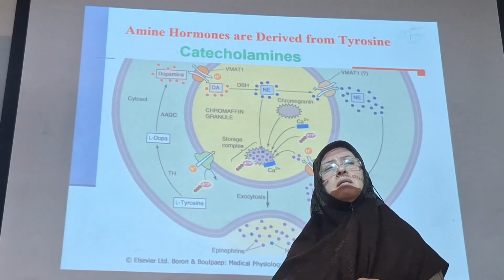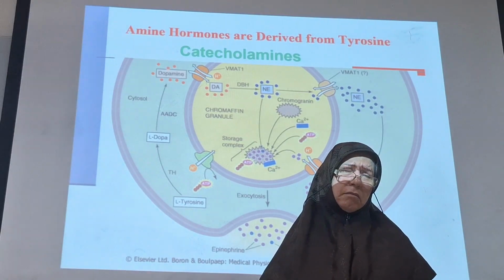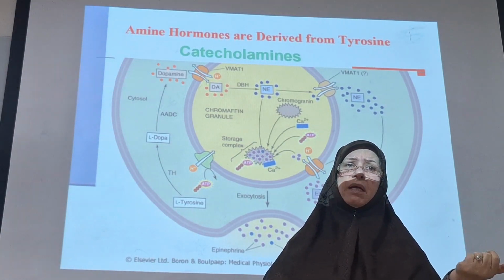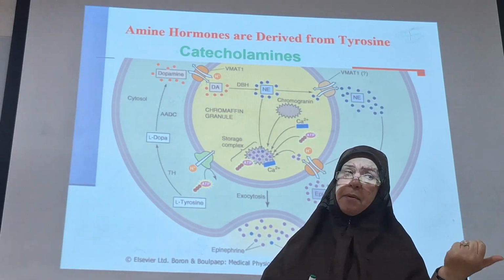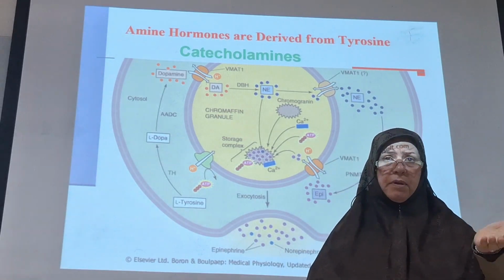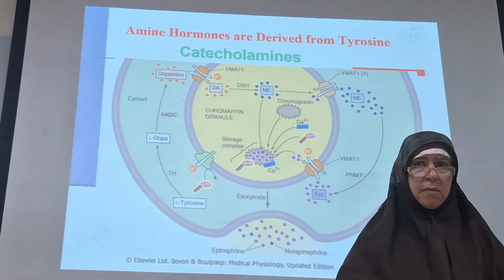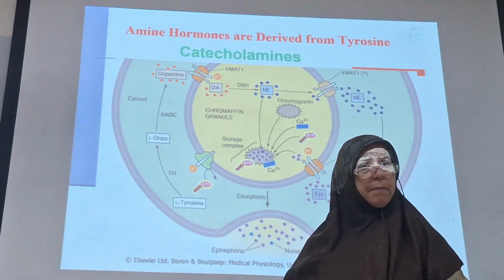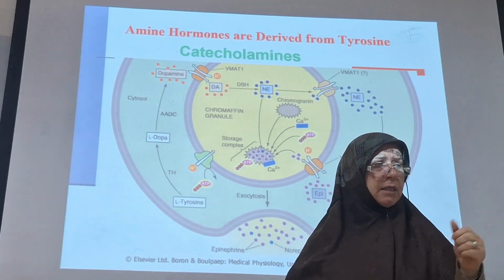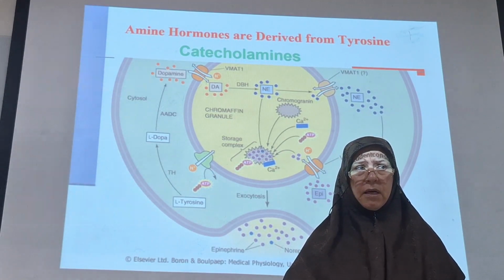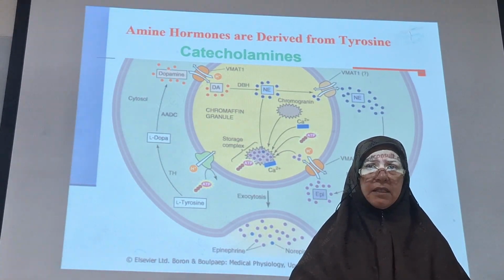Sympathetic neurons secrete norepinephrine, but the adrenal medulla secretes epinephrine. Epinephrine is 4 times more than norepinephrine. Why? In sympathetic neurons norepinephrine is secreted, but in the adrenal medulla, instead of norepinephrine, epinephrine is secreted.